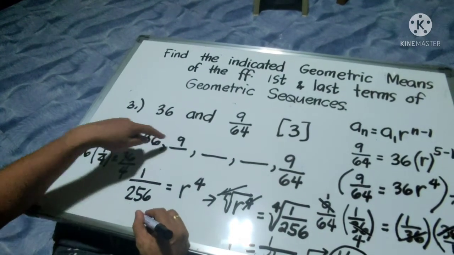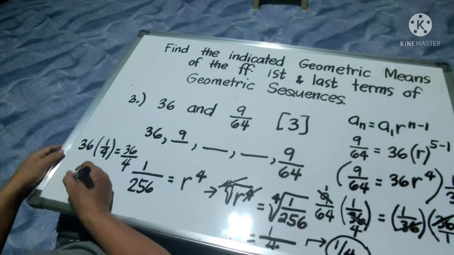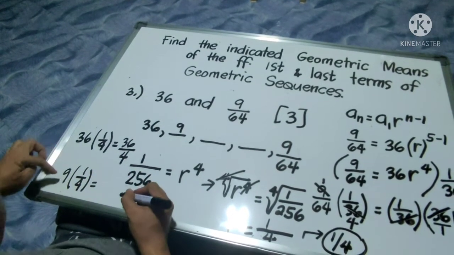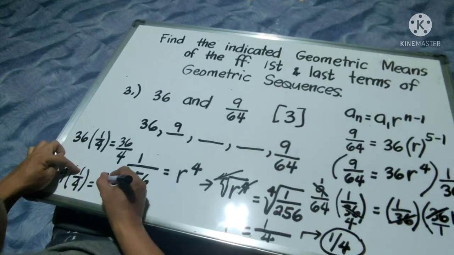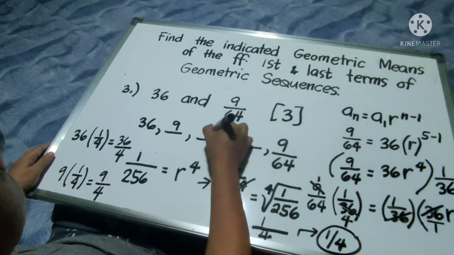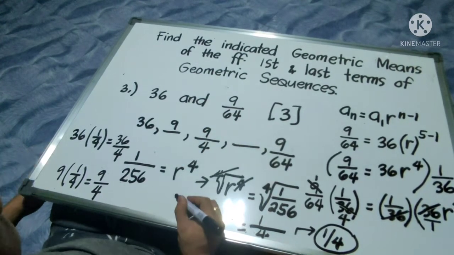Then you will have 9 times 1/4. So 9 times 1 is 9. Copy the denominator 4. So write 9 over 4.